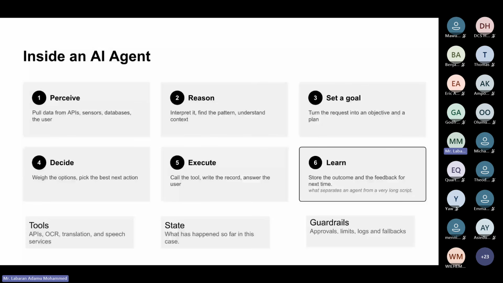So let's say the user was filling a form, but in the case I gave, there was a missing ID, the agent stopped processing and gave the user feedback that there was an error or missing information the user has to provide. So when the user comes back with the right information, your agent shouldn't start from fresh. It should start from where it left off, the state it was previously.